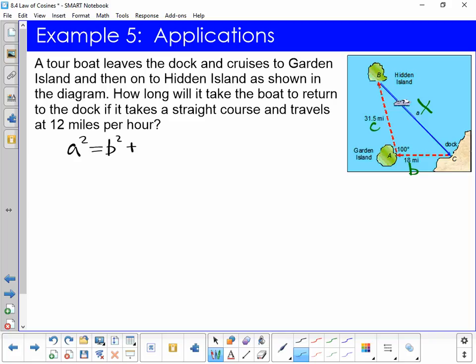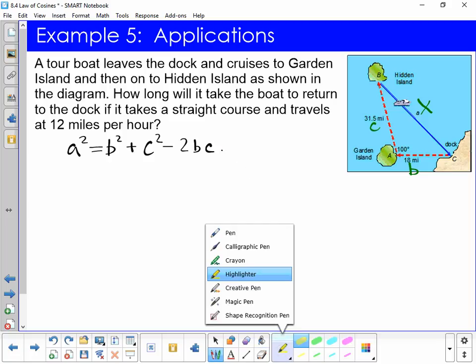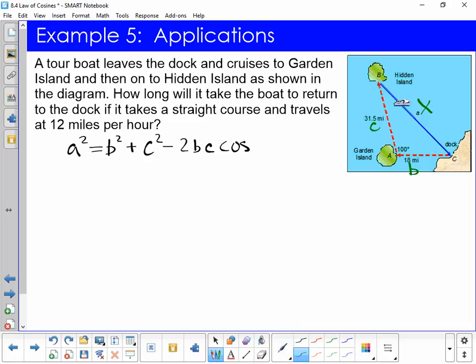If you accidentally pick the wrong version, when you try to put your numbers in, you're going to find that you have too many variables, and that's going to be a clue. Oh, I almost said sine. It's always cosine. Okay, always cosine for law of cosines. That's why it's called law of cosines.